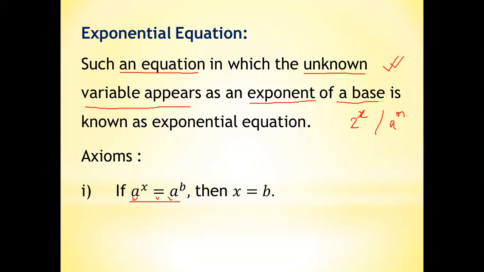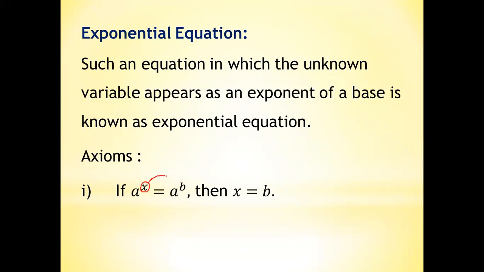They have the same base on both sides. So if a to the power x equals a to the power b, then the unknown exponent x will equal b. This is the first axiom.